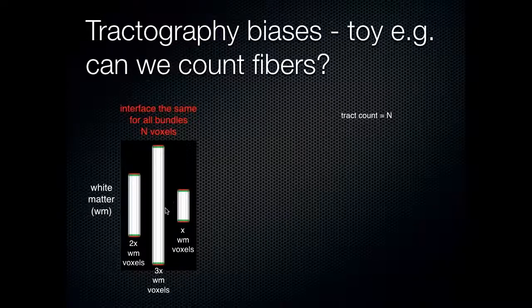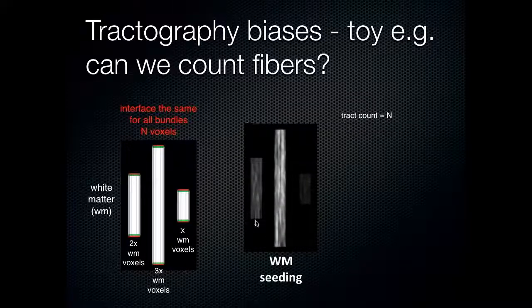If I count tracks afterwards, you can easily imagine that the bundle that's three times longer will have three times more tracks inside. If this bundle has 100 streamlines, this will have 200 streamlines, this will have 300 streamlines, just because I seeded the whole white matter. So that's an important bias. This tells you that if you're counting tracks or producing track density imaging, this is happening to you.